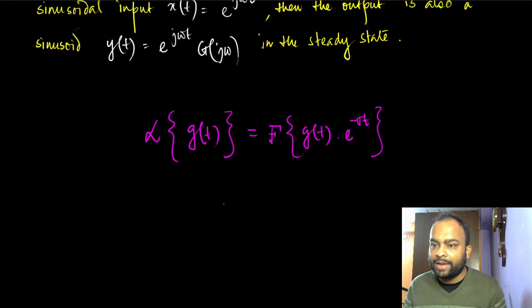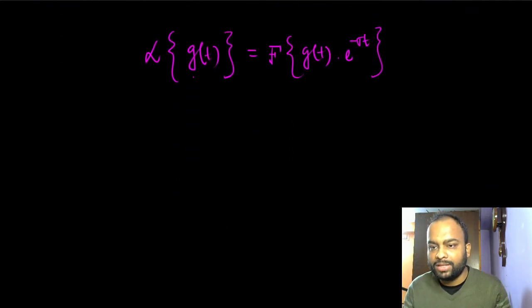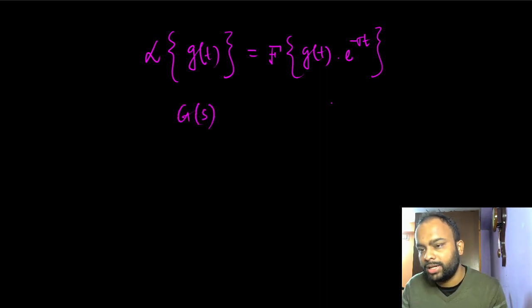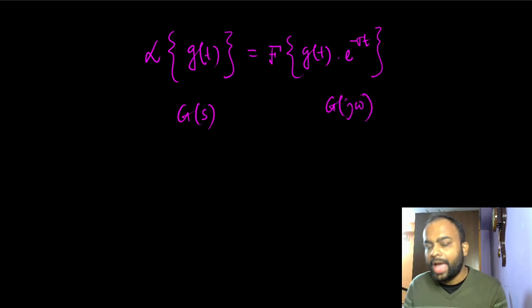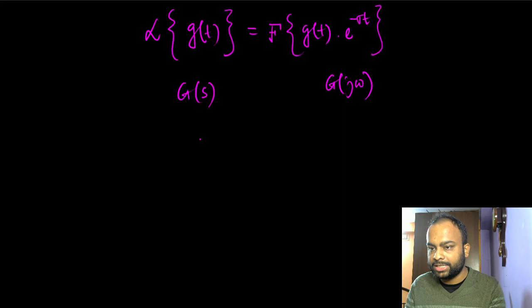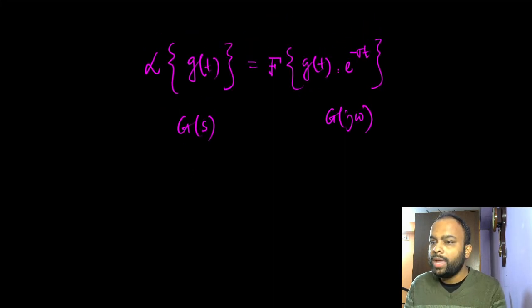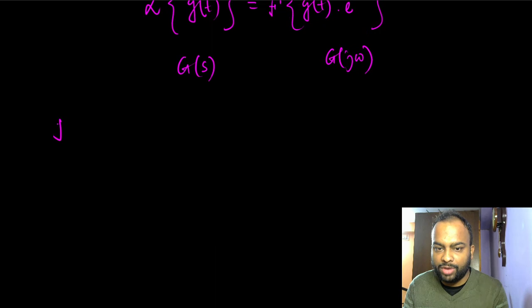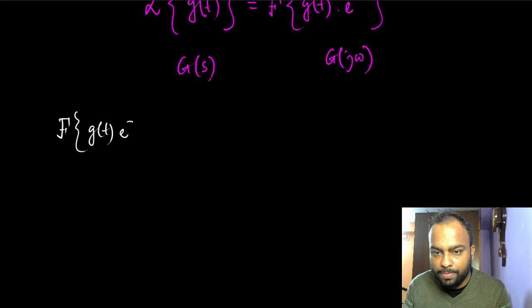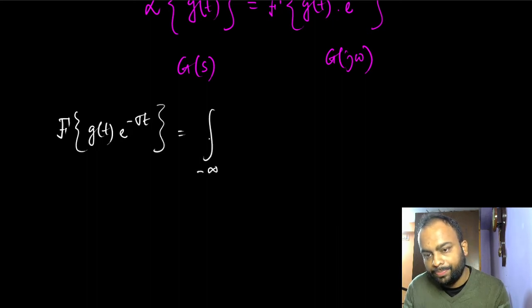And you understand that while we define Laplace transform, this is essentially written as G(s), and this is essentially written as G(j omega). And when we do the integration, we have the Fourier transform expression of g(t) times e to the power minus sigma t.